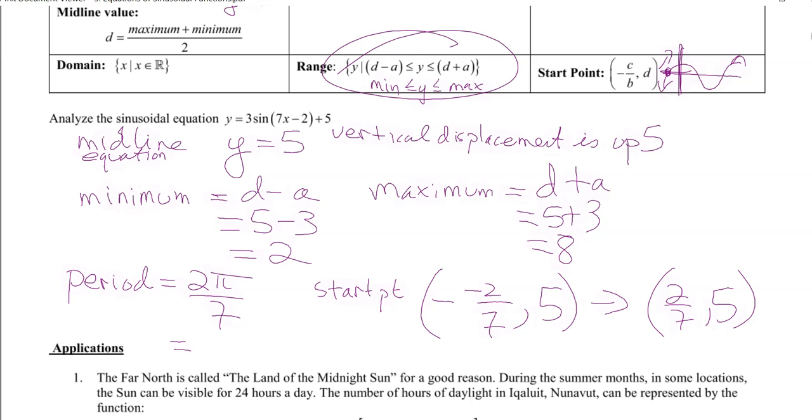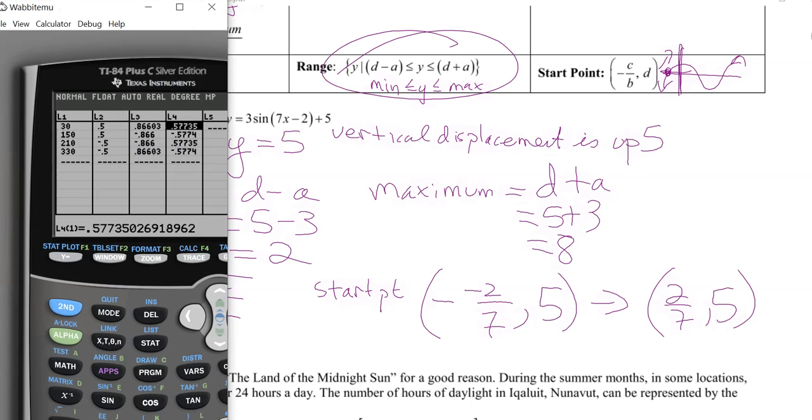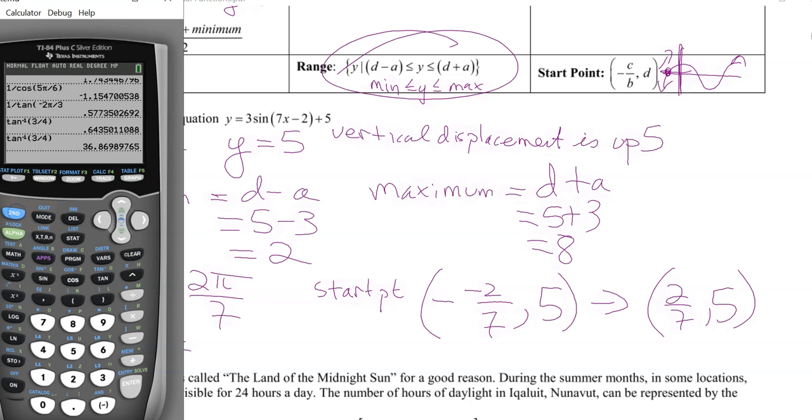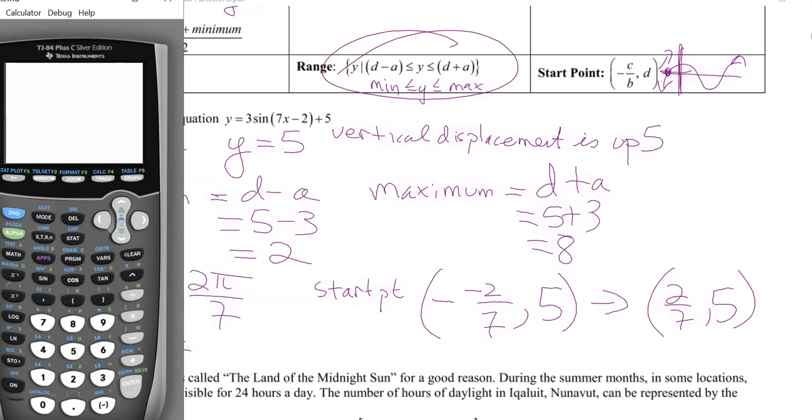So what is this period? Let's fire up our calculator. It just keeps coming up with that, so reset it. We need to be in radian mode, and that's all we ever need to be in. If you run into any problems with your calculator, just reset it.